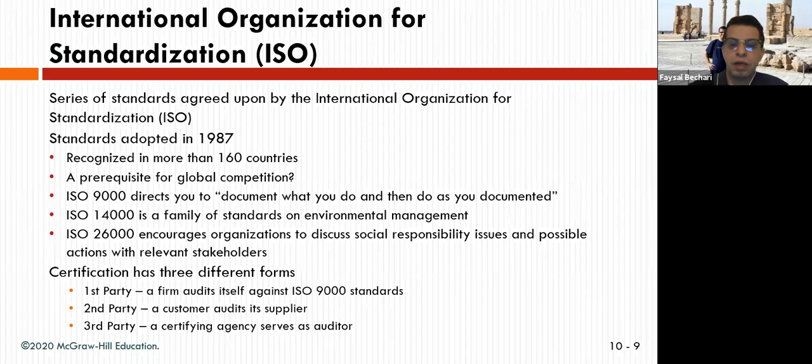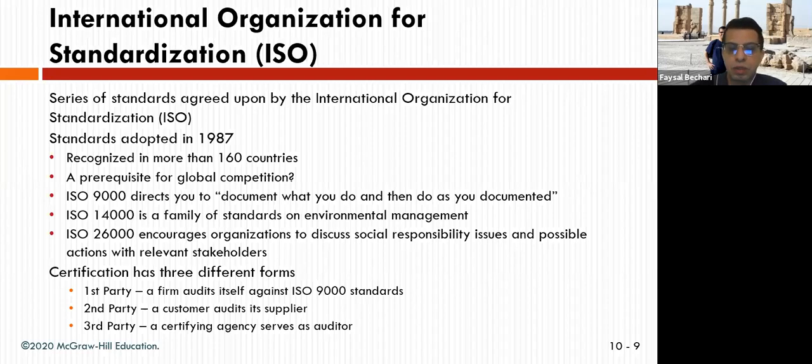Now, ISO 9000 directs you to document what you do, and then do as you document. So you write the documentation of what you do with the details, and then you check whether you are doing it according to the documentation. ISO 14000 is a family of standards on environmental management: how you are reusing, renovating, not wasting, not hurting the environment.